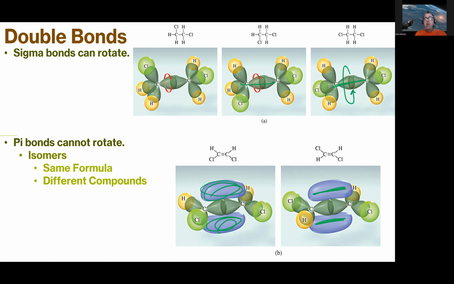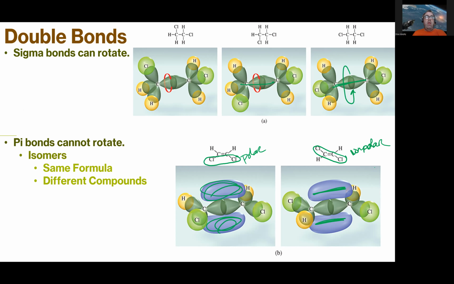So even though they have the same formula, these two are different compounds. We saw these same two things when we talked about polar molecules before. Because these two chlorines are on the same side, this one is polar. And these two chlorines are on opposite sides, so this one's nonpolar because those vectors cancel out. They're different molecules, and this happens because that pi bond locks the molecule in place.